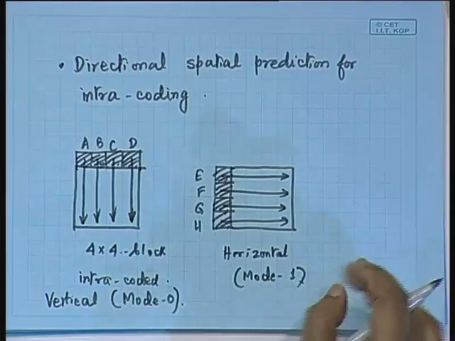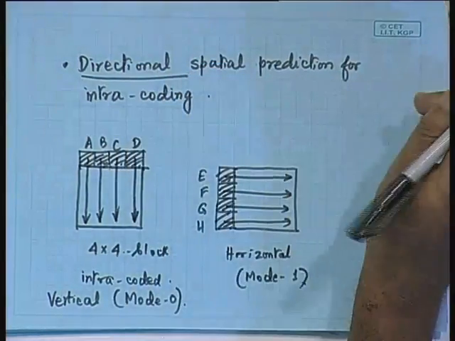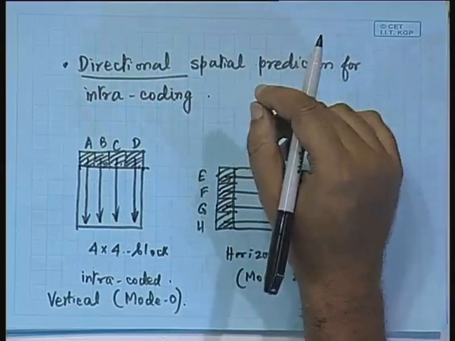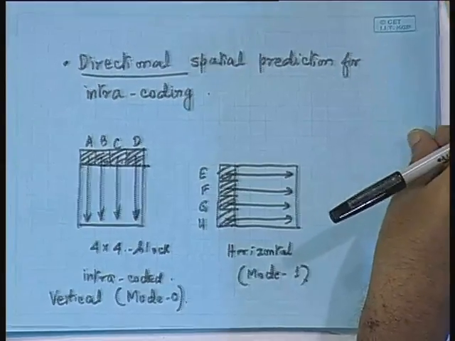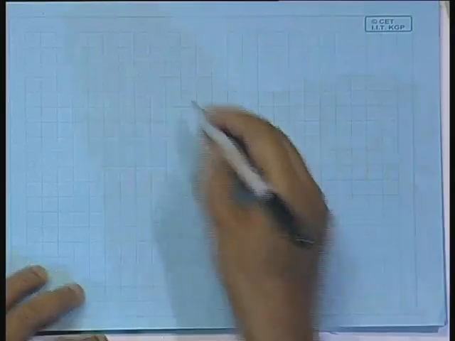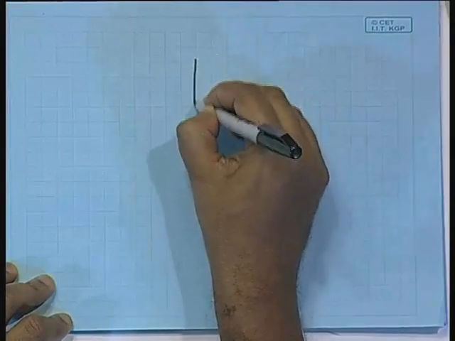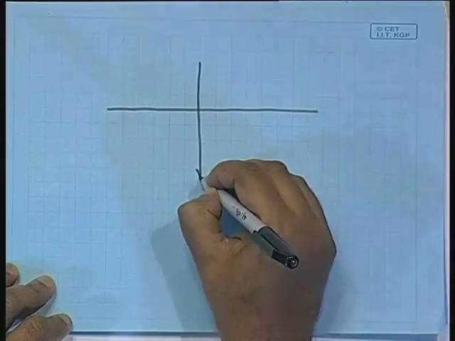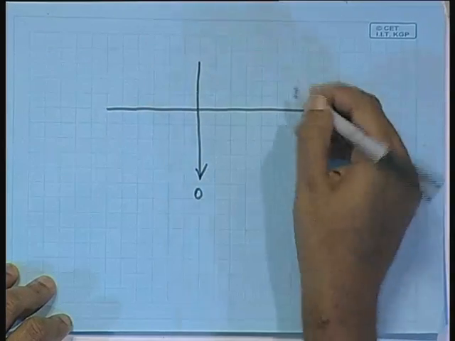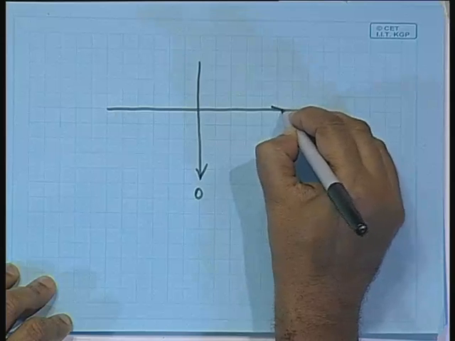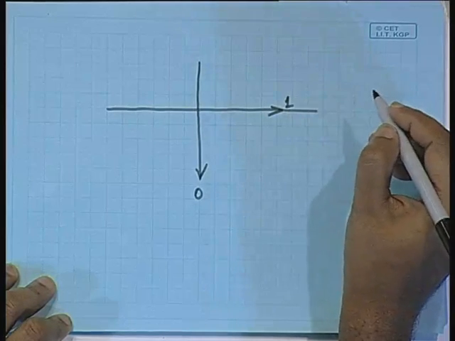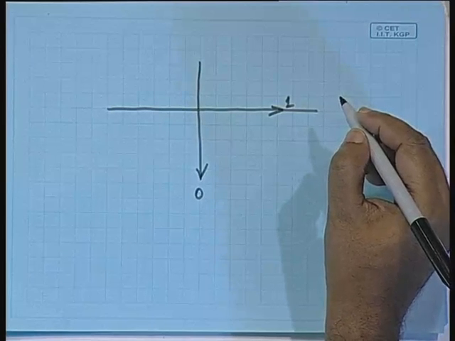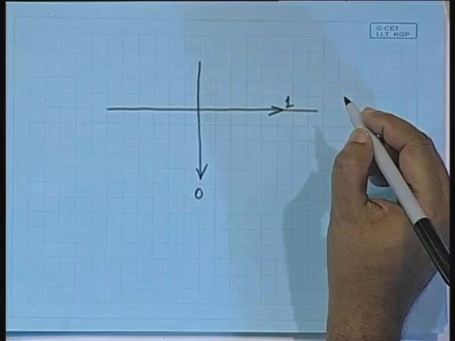In fact, there are 8 different directions employed in the directional prediction of H.264, and the different directions are like this: the vertical one we call mode 0, the horizontal we call mode 1. Now, mode 2 is a very interesting one.